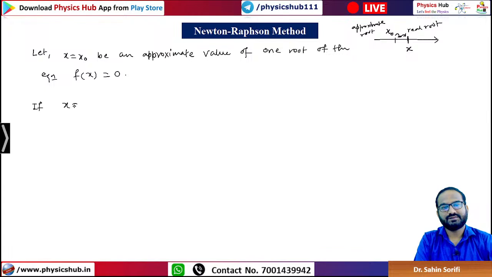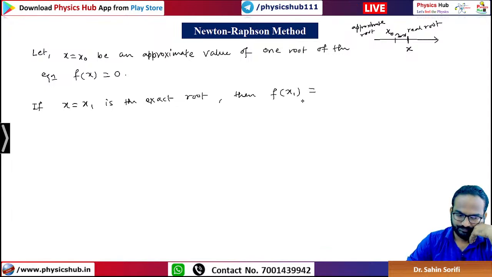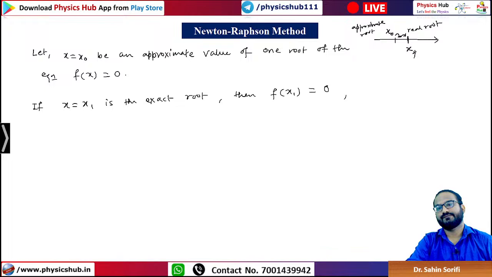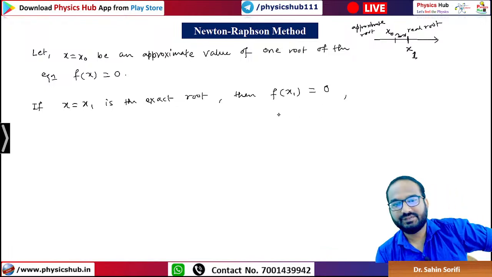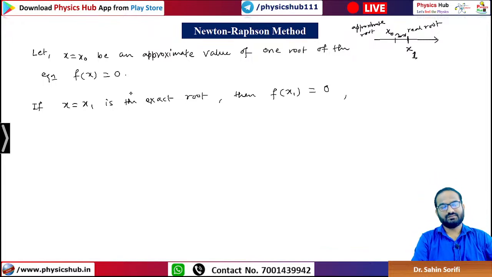If x equals x1 is the exact root, then what should f of x1 be? It should be 0. Root means f of that point equals 0.